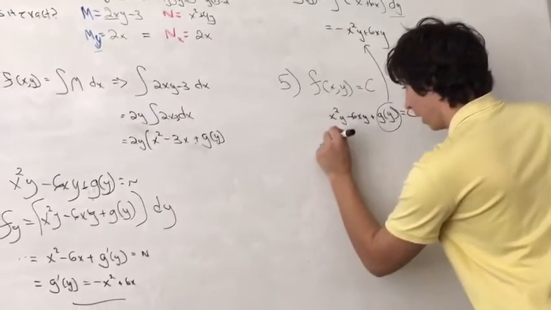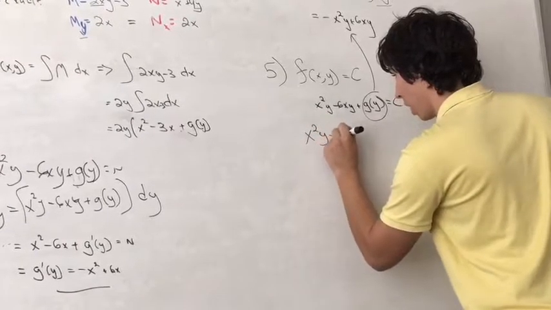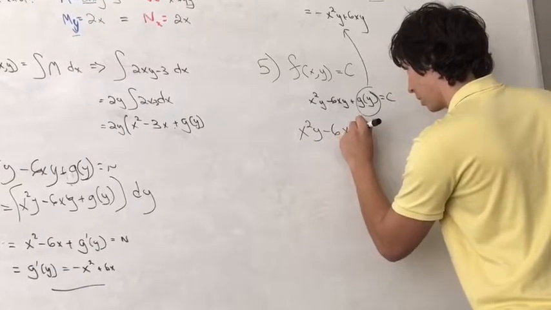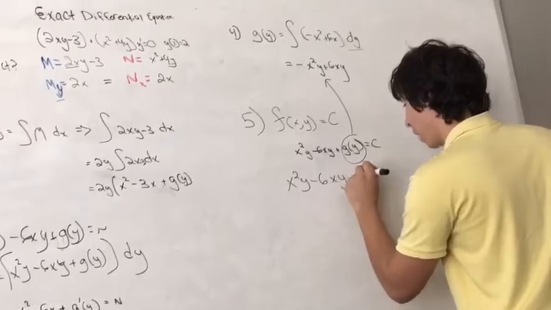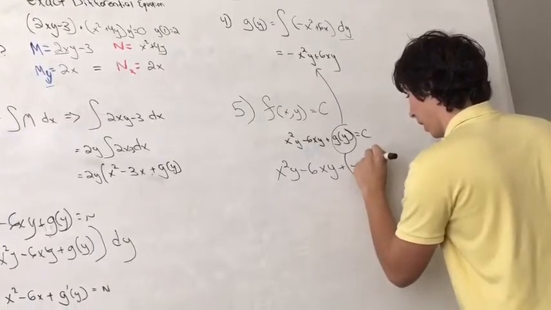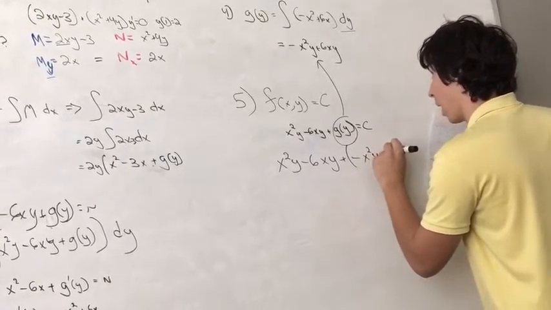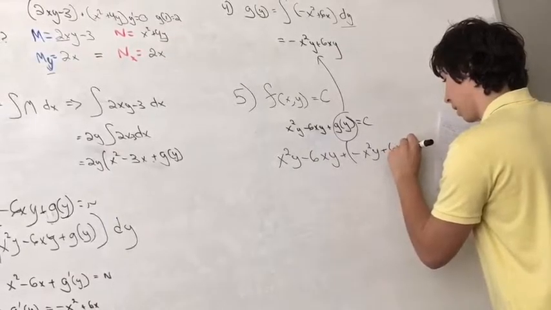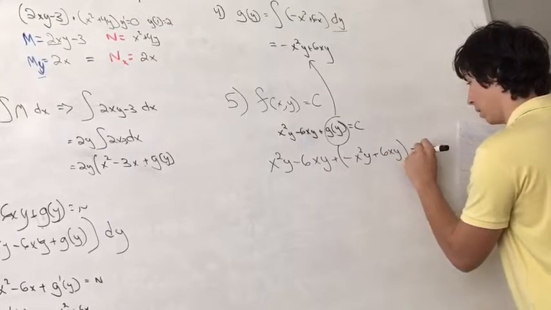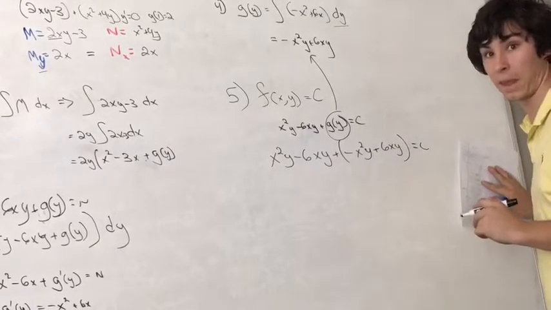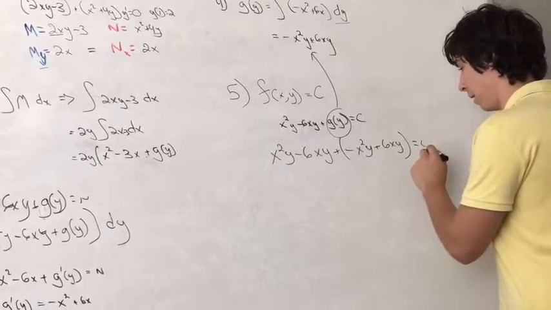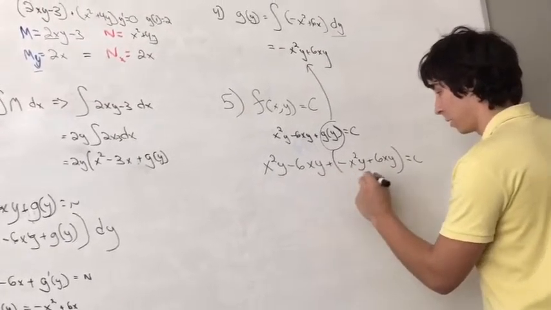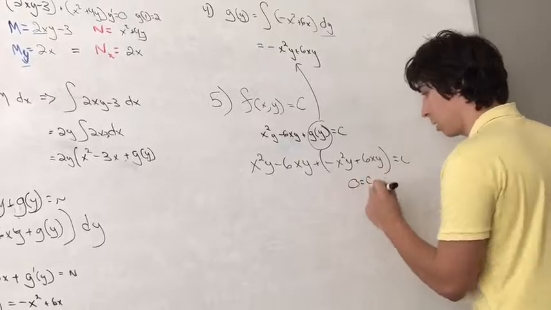So we have x squared y minus 6xy plus negative x squared y plus 6xy equals c. Now we realize that these cancel, so 0 equals c.